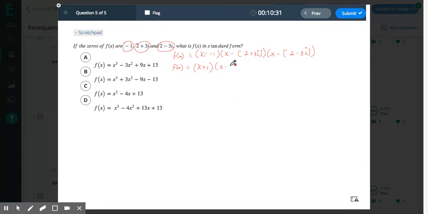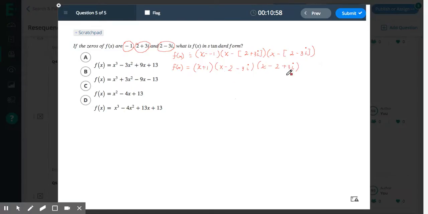So we'll have -2 minus 3i. Okay, and then for this one, we'll have x minus 2 plus 3i. Okay, so now we're going to multiply all these three expressions.